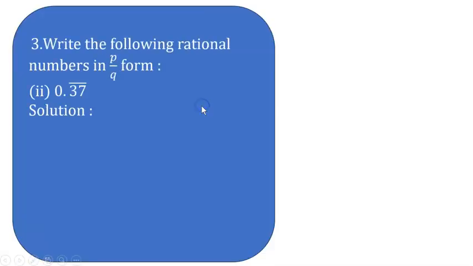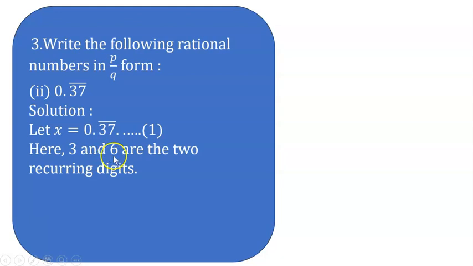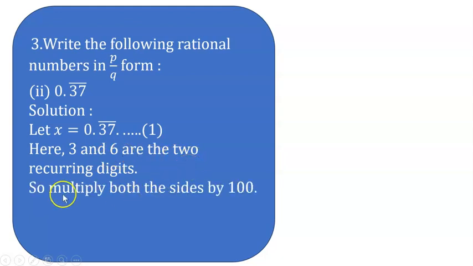Now next example, 0.37 with a bar. Here let x be equal to 0.37 with a bar. This is equation number 1. Here 3 and 7 are the two recurring digits. So multiply both sides by 100. 100 into x, you will get here 100x.